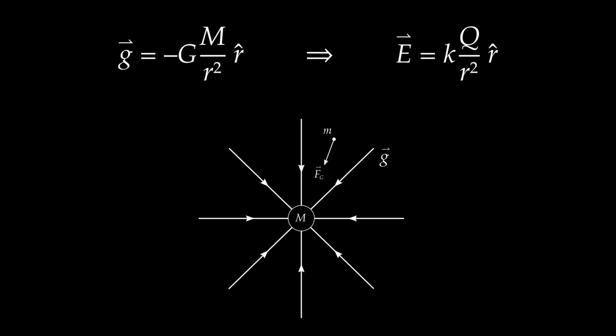But for the moment, I'll do the same trick and say that the electric field, which is the force divided by a charge, is equal to kQ over r squared r hat. That is, it points in the radial direction when the charge is positive and points in the opposite of the radial direction, that is, points inward, when the charge is negative.